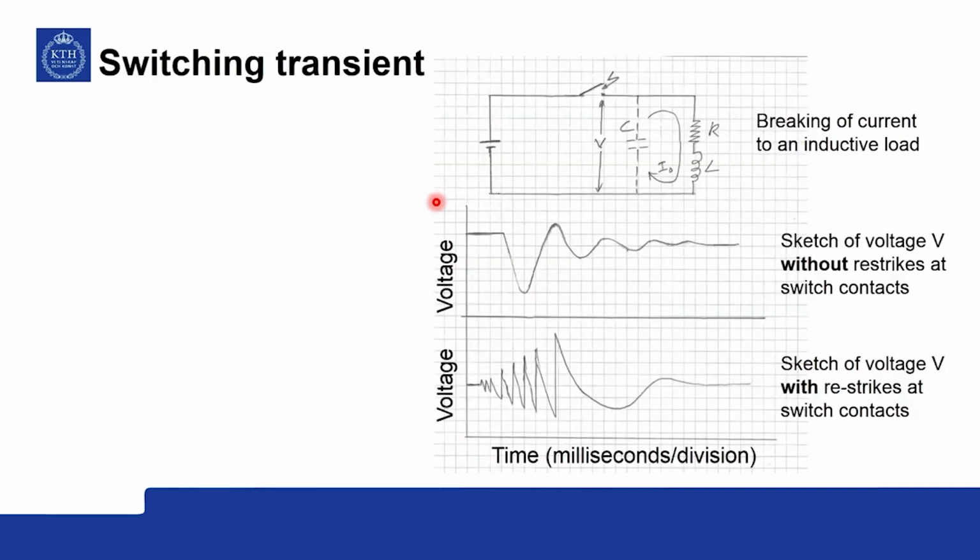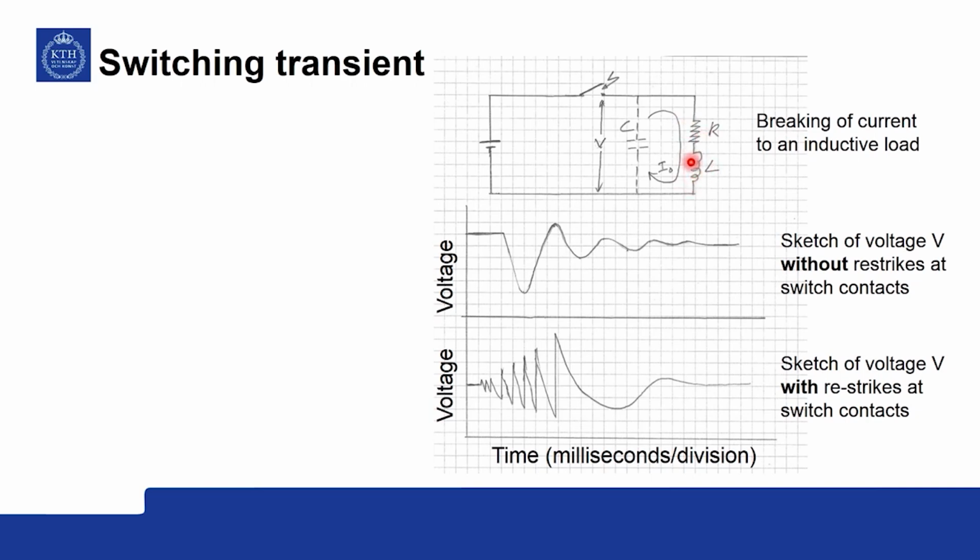Now, switching transients. Switching transients are very common, a common day occurrence whenever you switch any device or lights. So, typically what happens is that suppose you have a source, here a battery is shown, and a mechanical switch that is closed and opened, and your load may be in the form of resistance and inductance.